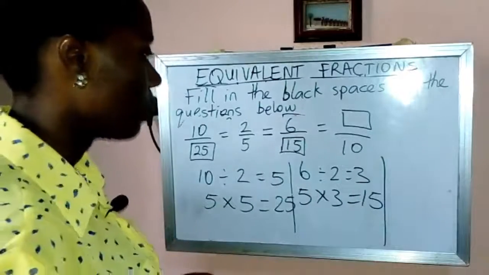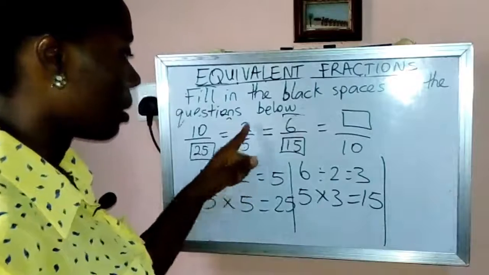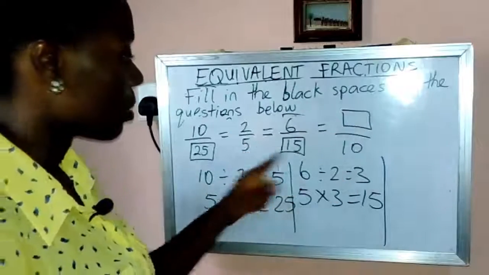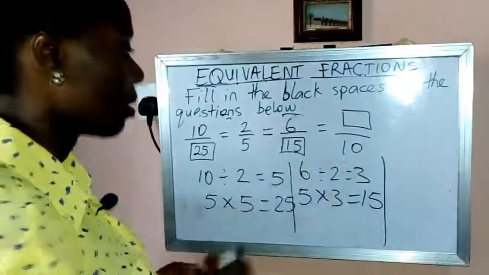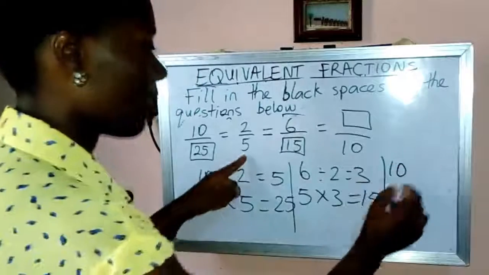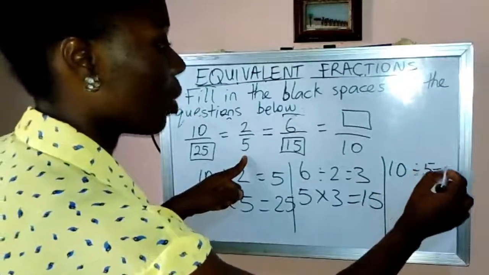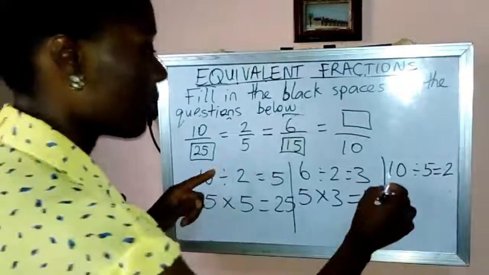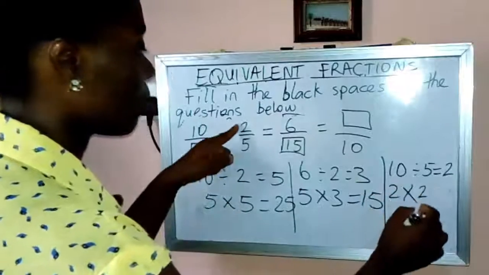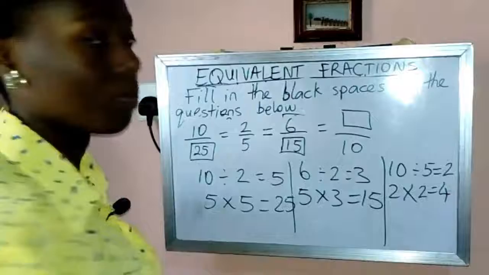Also for the last one, this top is empty, but the bottom is filled, which is 10. So let's see. We also divide. 10 divided by 5 gives me what? 2. Alright? So my 2 multiplying 2 gives me 4.